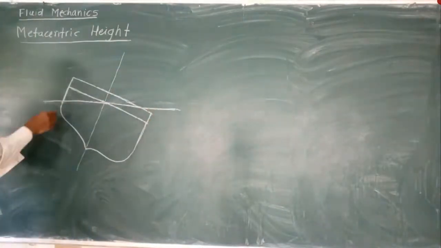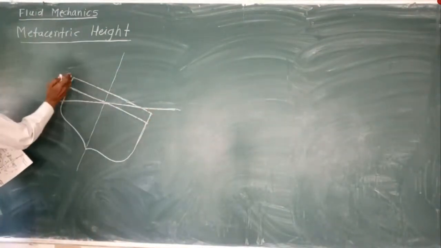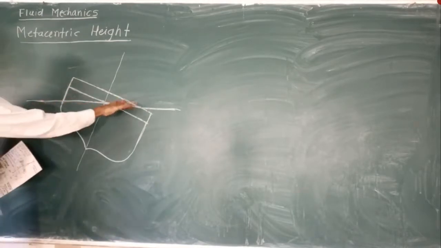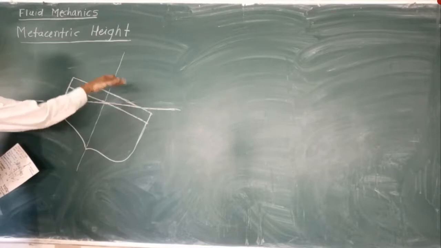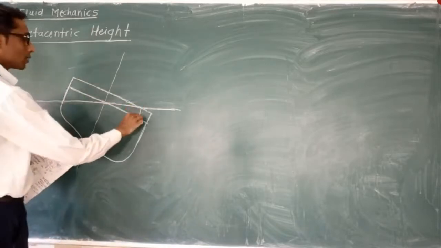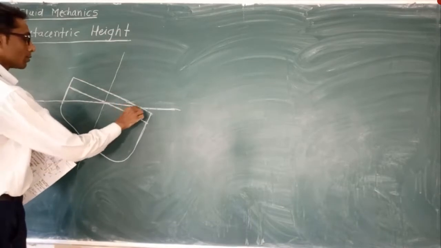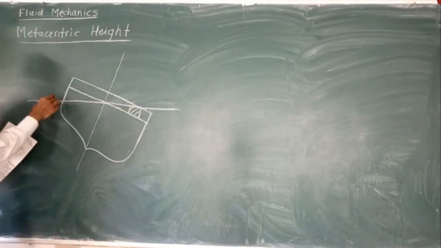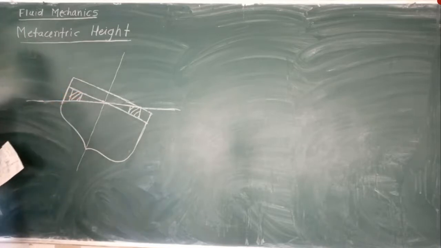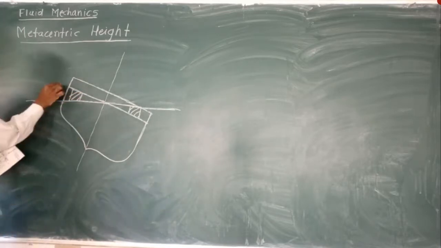Okay. So here what happens, this left part is coming out of the water and the right part of the ship is going below the water. Here we will have this hatched portion, which we call an elementary wedge shape portion.